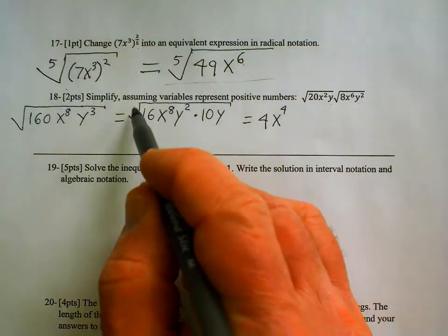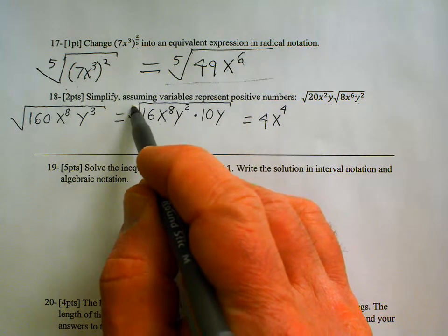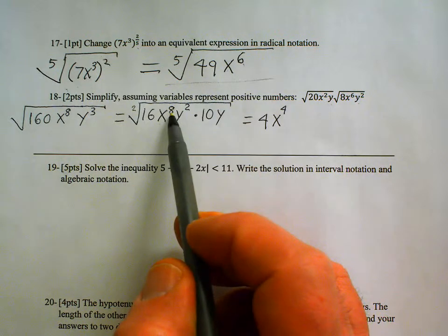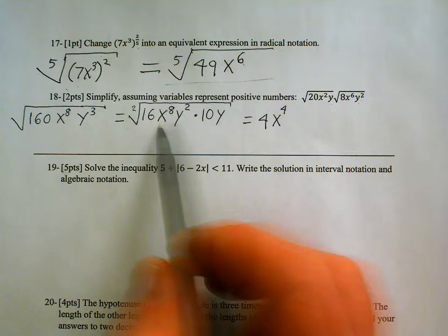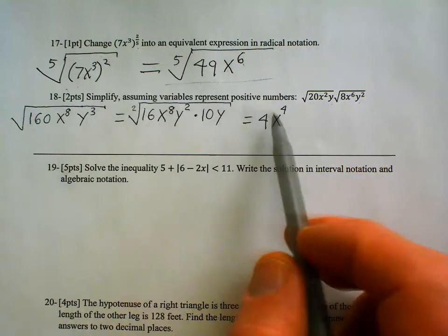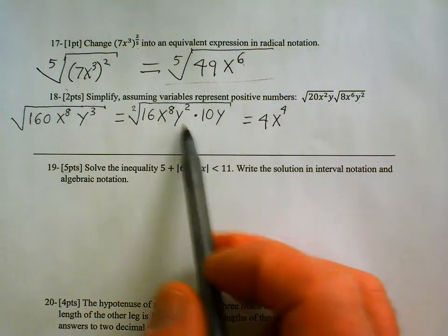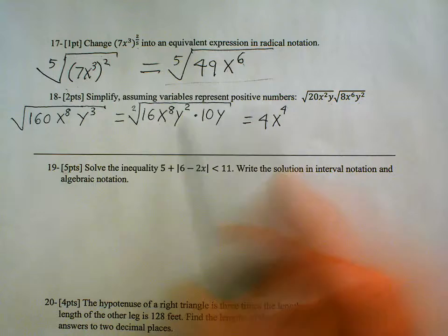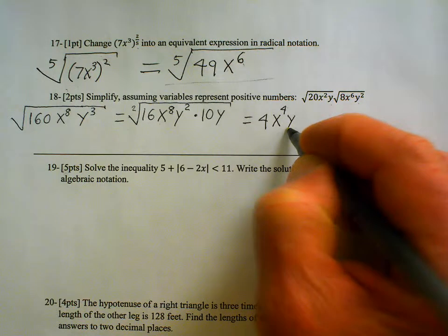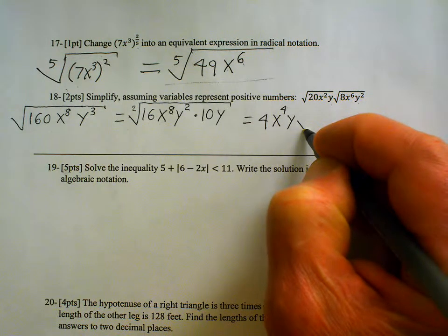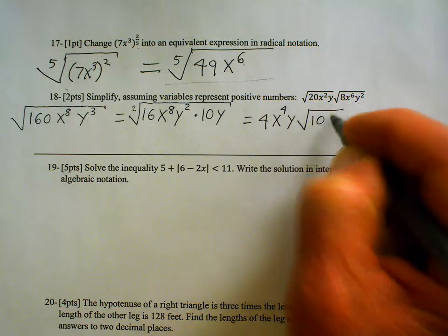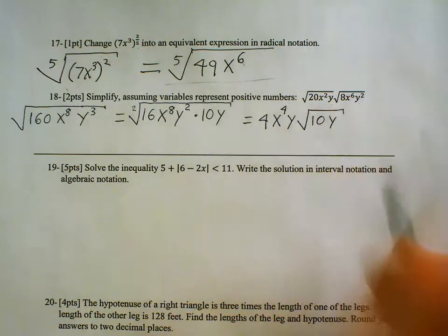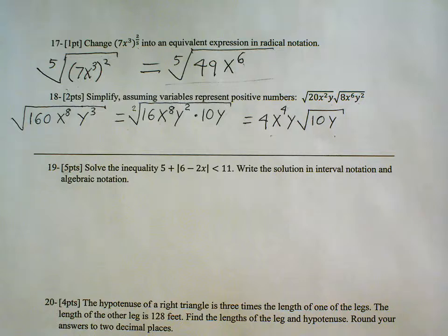One way to remember that: the square root has an index of 2, so when simplifying the square root of x to the 8th, we have x to the 8 divided by 2, or x to the 4th. The square root of y to the 2nd is y. And then we multiply 4x to the 4th times y times the square root of 10y. That is the simplified result.